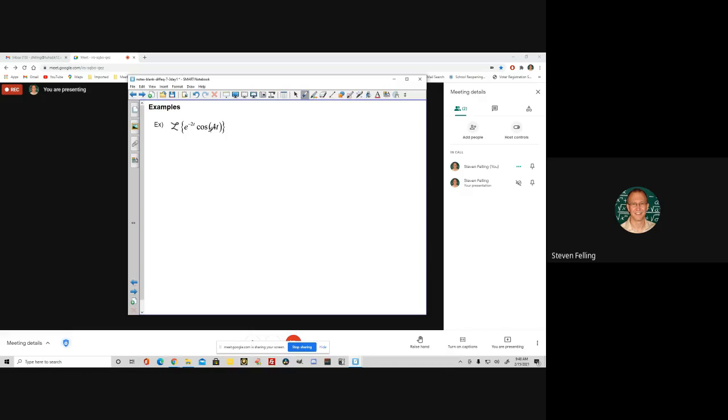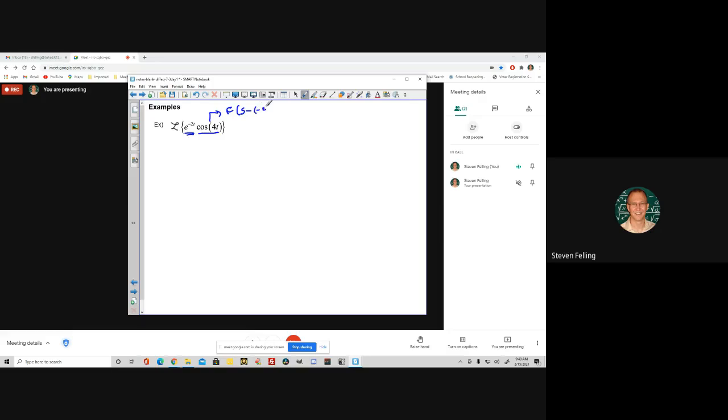Instead, we have to recognize that when you multiply any function by specifically an e to a constant times the t variable, that has the equivalent of taking this same transformation and shifting it by a. So if this a is negative 2, then this is equivalent to shifting s minus negative 2.